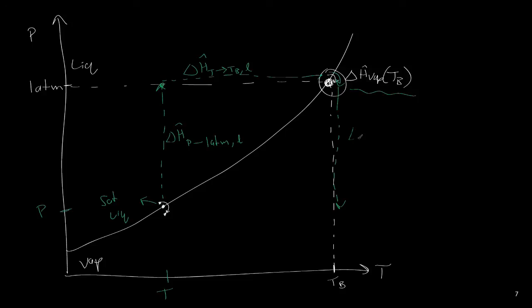Then we would have the delta H contribution going from the normal pressure of 1 atmosphere to the actual system pressure, but this is for the vapor because we have vaporized it. And then finally, we go back to our state of interest, which is the saturated vapor state. And this, of course, is going to be delta H hat.